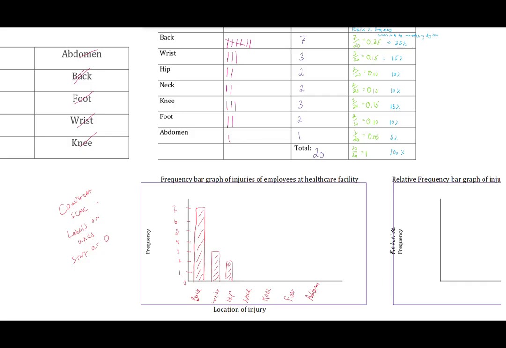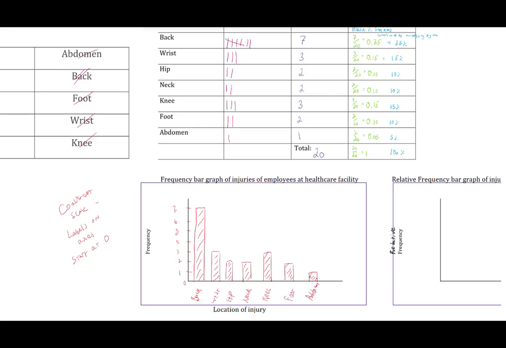The neck injury occurs twice. The knee injury occurs 3 times. Foot injury occurs 2 times. And the abdomen injury occurs once.